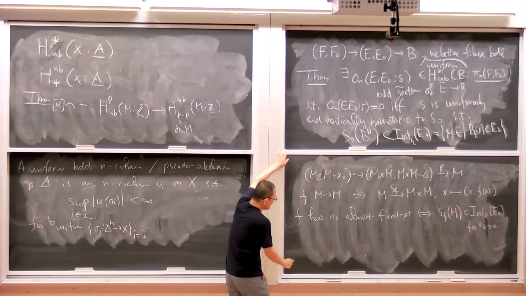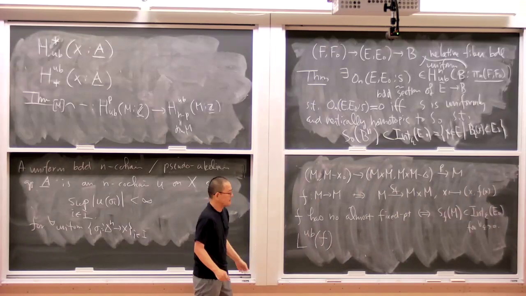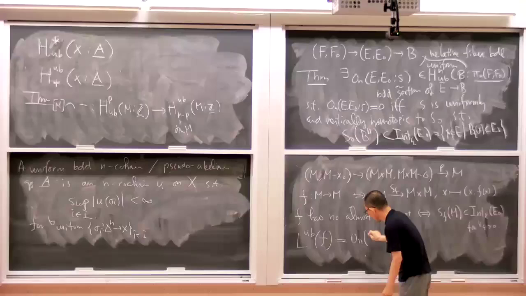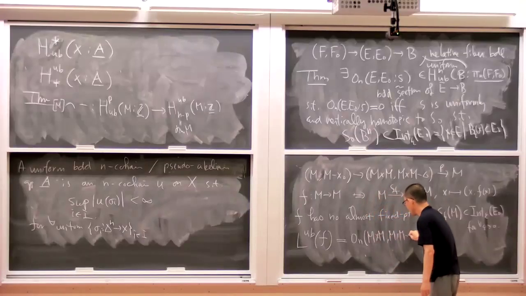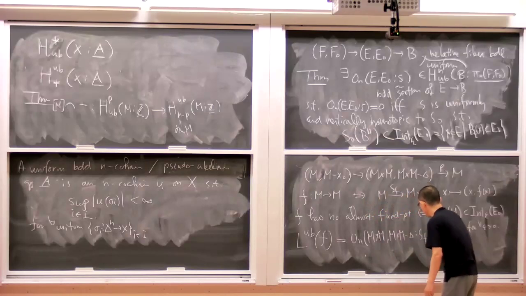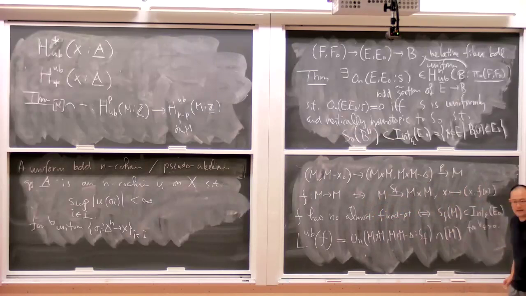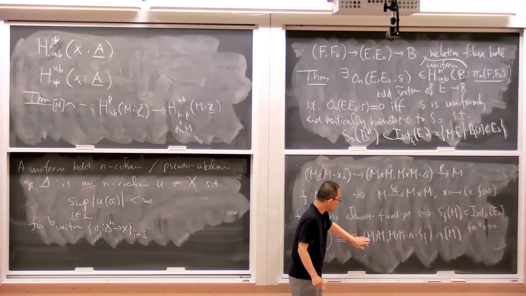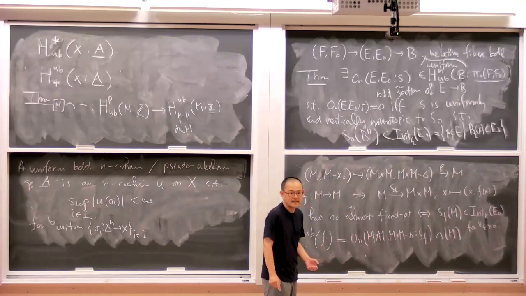So if we define the uniform bounded Lefschetz class by the cap product of the obstruction class of M cross M minus delta, S_F, with the fundamental class of M, then we get the main theorem. I mean, if this is 0, then this obstruction class is 0 because we have the Poincare duality.